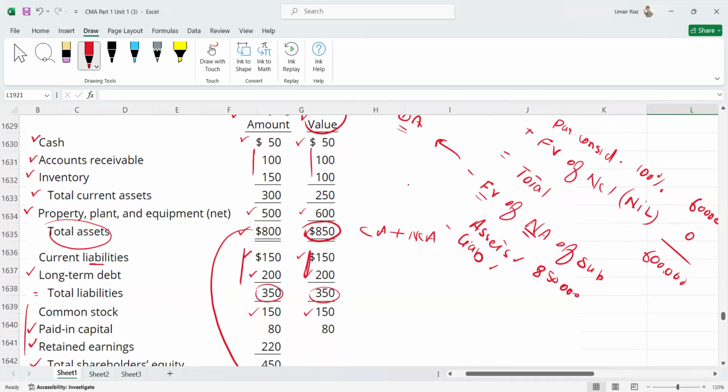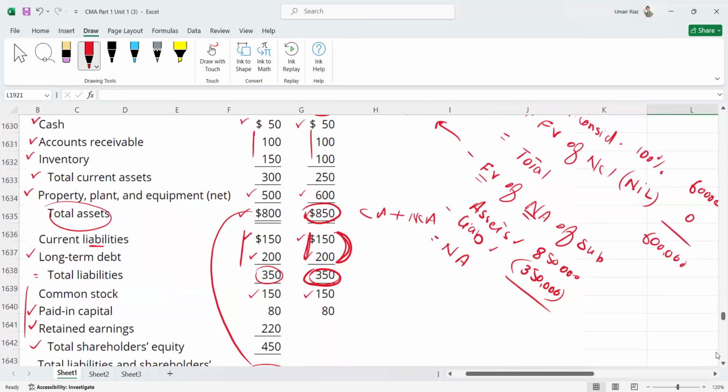Then we have to deduct liabilities. This is the fair value of liabilities, 350, which includes current and non-current. So we'll deduct 350,000. If you deduct, our net assets of the subsidiary will be 500,000.